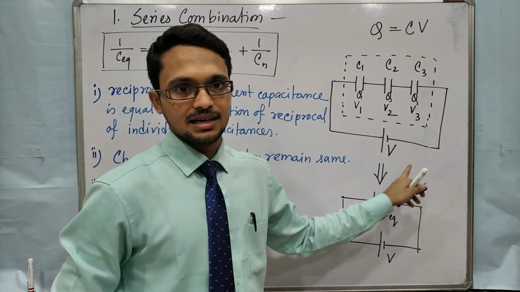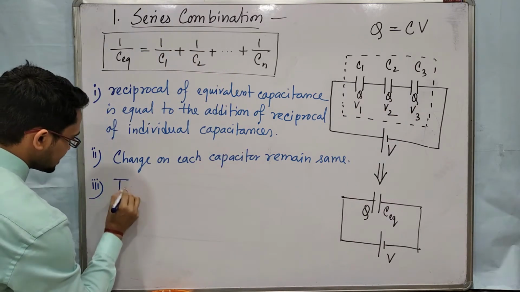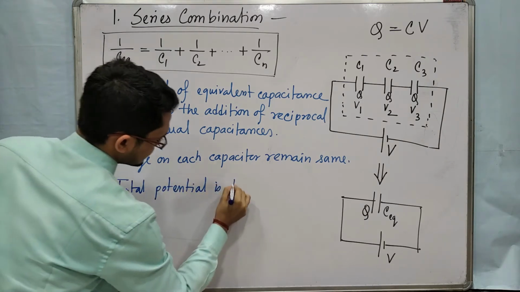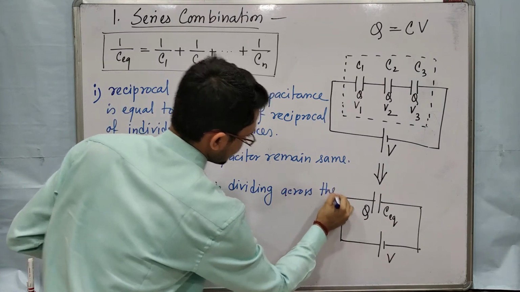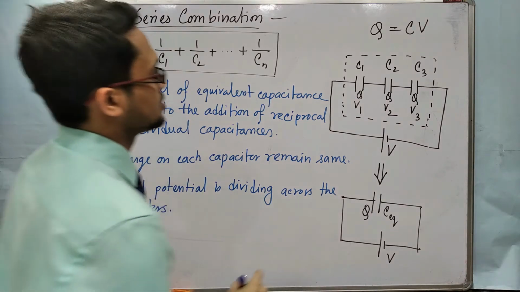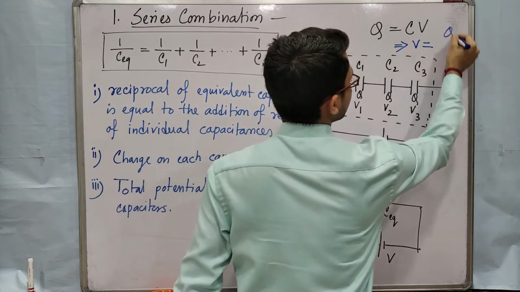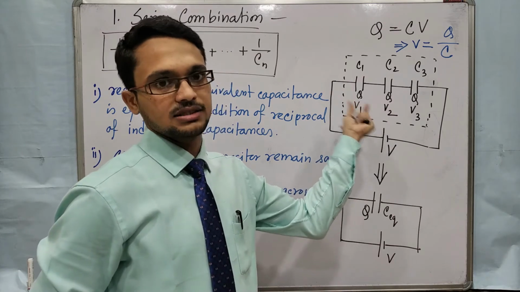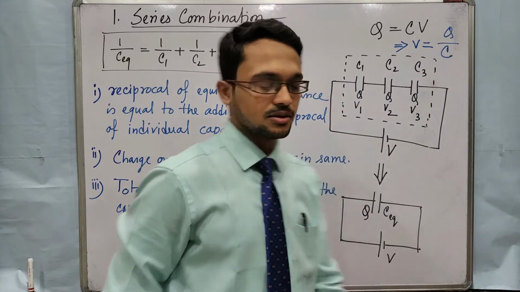Third point: the total potential is dividing across the capacitors. If you look at this formula, V will be Q by C, so the potential across each capacitor will be inversely proportional to its capacitance.